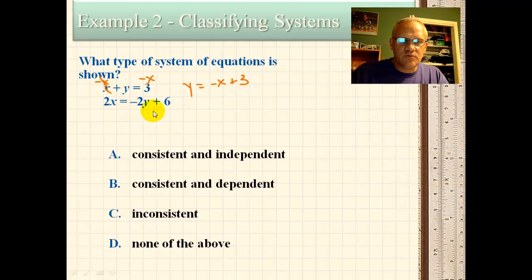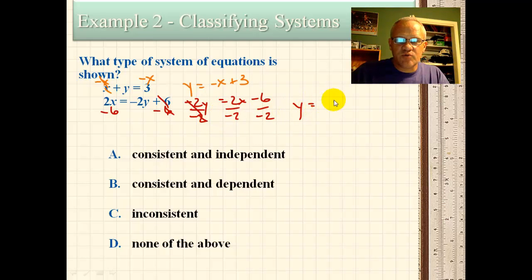And then here we're going to go minus 6. So then I have negative 2y equals 2x minus 6, divided by negative 2. So what do I end up with on this one? I end up with y equals negative x plus 3.